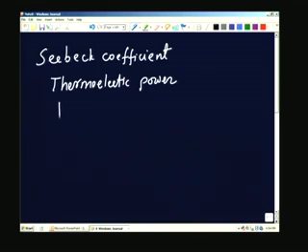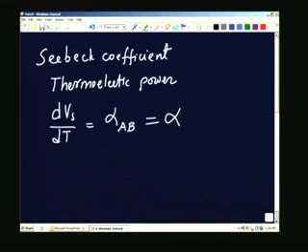So, we will say that dVs by dT is equal to alpha, which is a function of A and B, and in general I will simply write alpha instead of explicitly mentioning that. dVs by dT equal to alpha defines the Seebeck coefficient, equation 6.